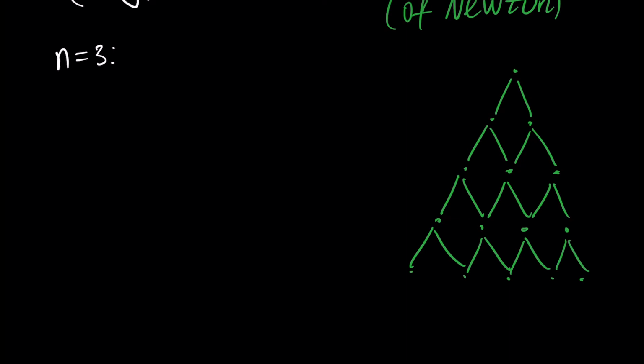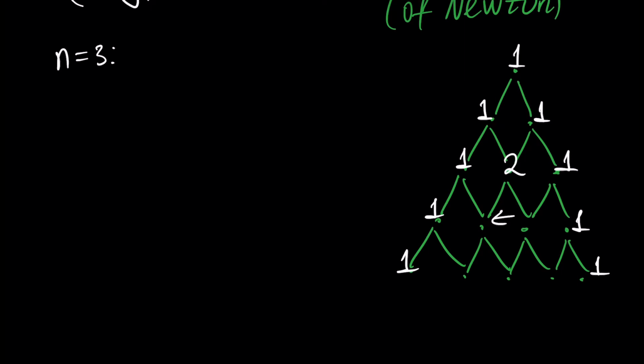So first of all, we write number 1 at the corner of this triangle or this pyramid. Next, at this point, we write the sum of these two elements. It will be 2.